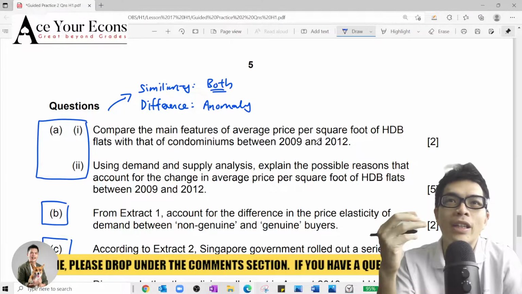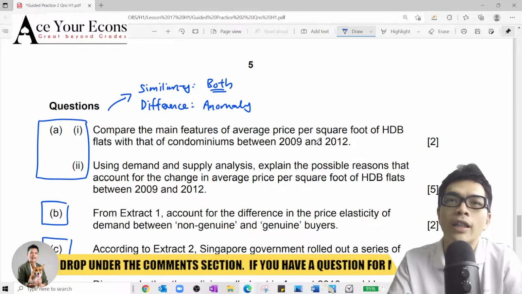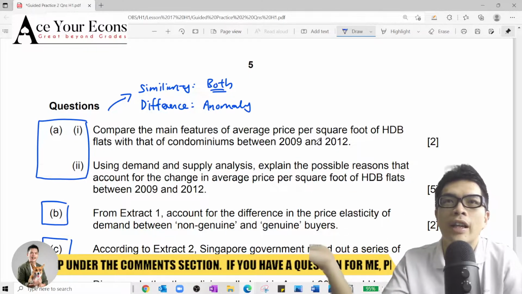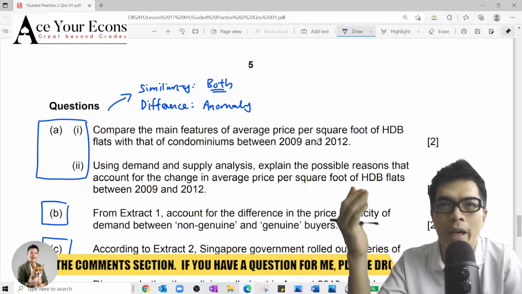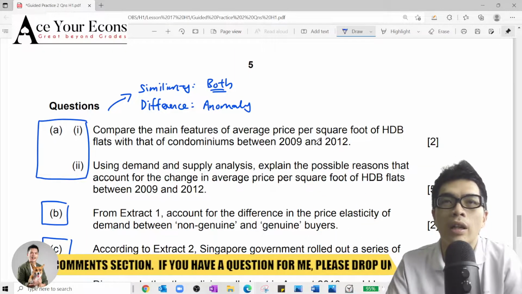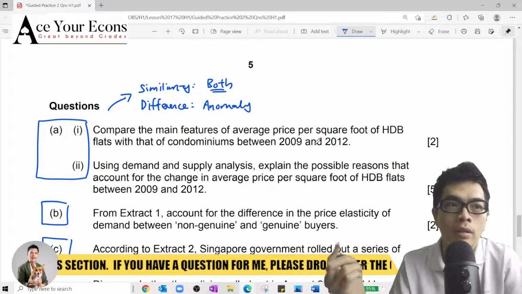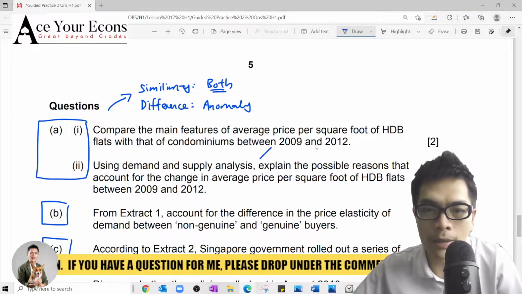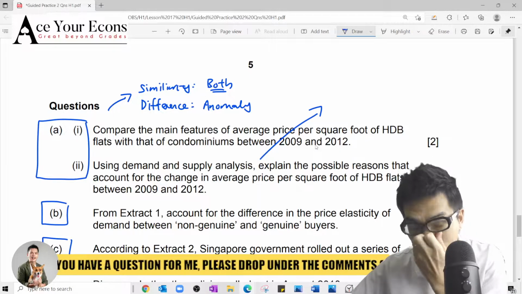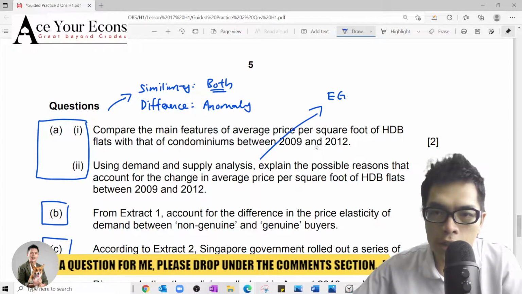So you mentioned that sellers, or rather speculators, when they anticipate that in the future they are going to incur a higher buyer stamp or seller stamp duty, they are going to buy first now to avoid the tax. Agreed? In that case, that works, but you need to justify. So expectation of future price is accepted.